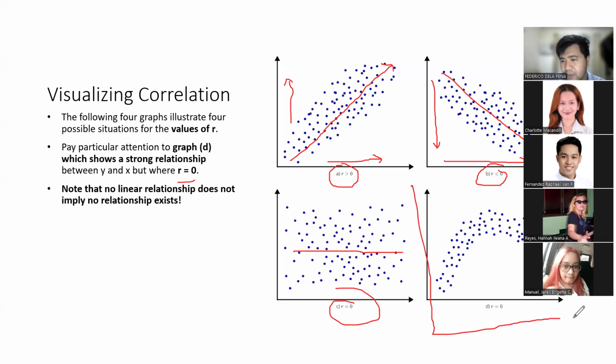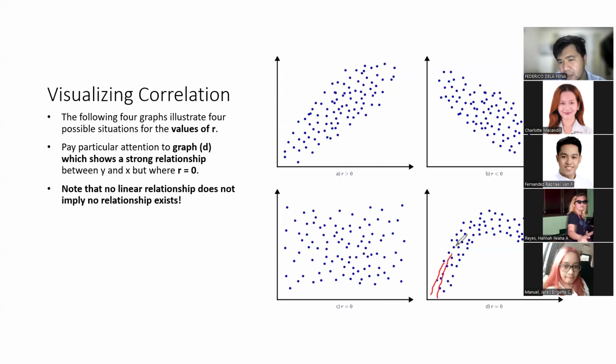And the fourth one is probably the most important example here. As you can see, you can actually see a trend in this data, right? You have a sort of parabolic curve or parabolic trend.